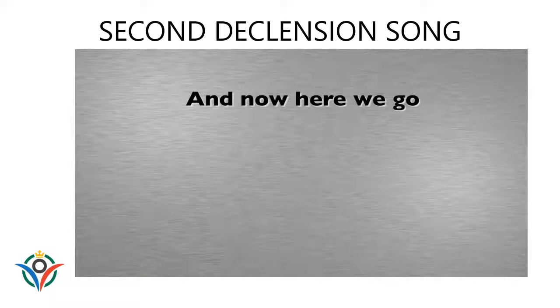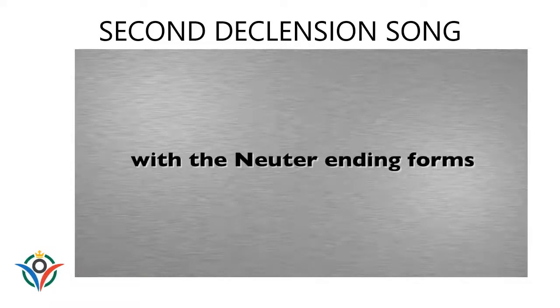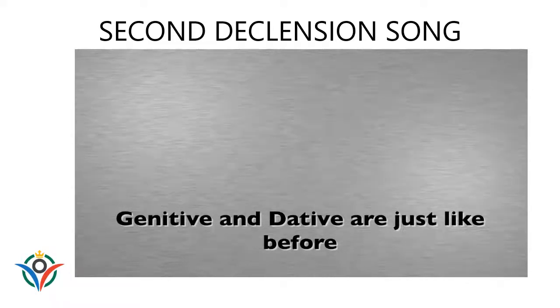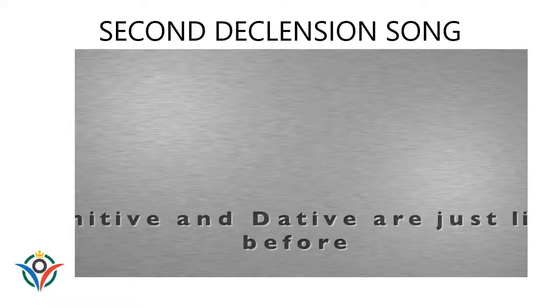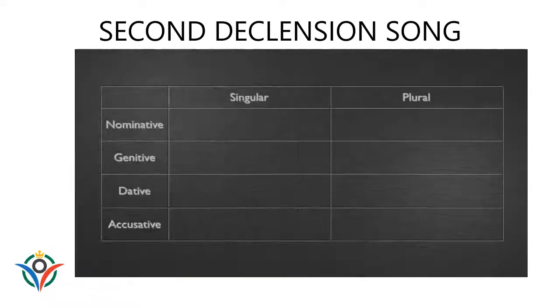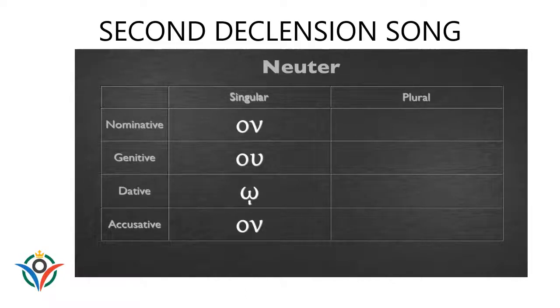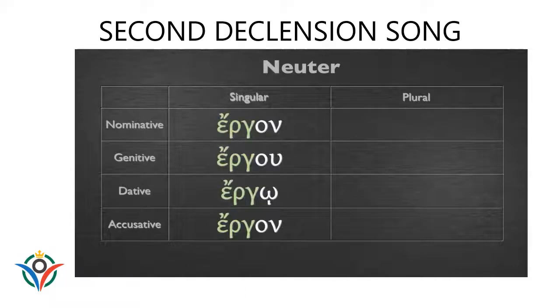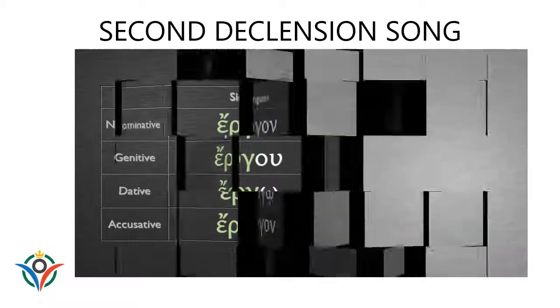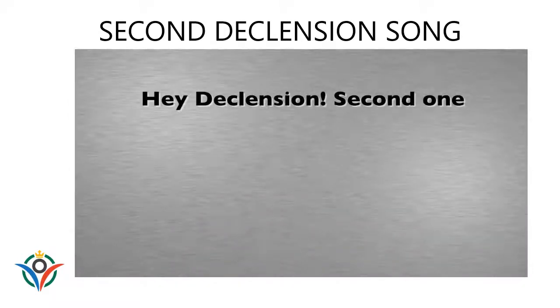And now here we go with the neuter ending forms. Genitive and dative are just like before. On, ou, ō, and on. Single ending neuter forms. Second declension. A, ōn, ois, and a. Plural ending neuter forms. Second declension, hey, declension, second one.